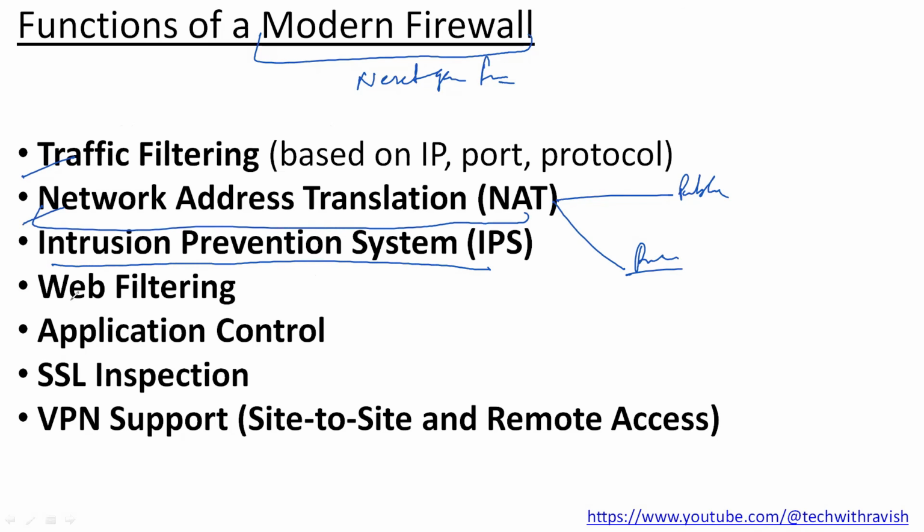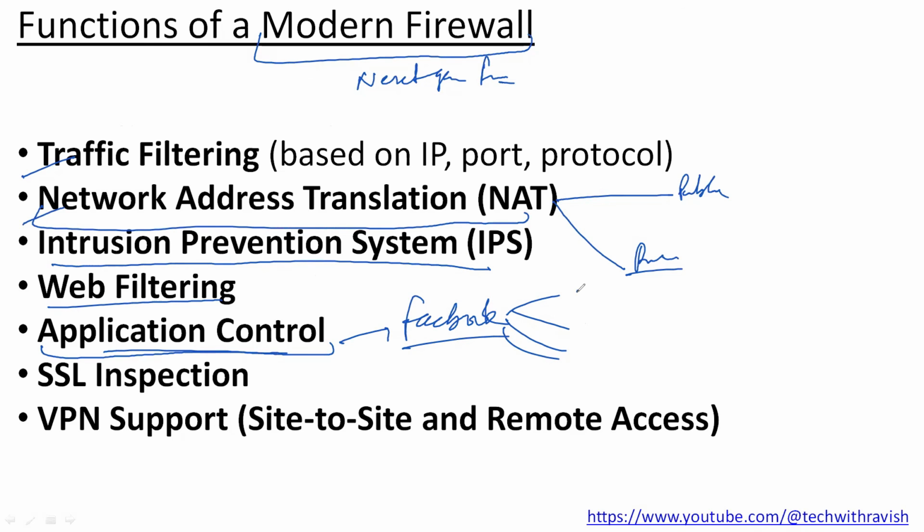I already told you previously, web filtering filters out the web traffic. Application control: like if you are using any application from the web, it can also control that application, like when you are using Facebook. Facebook has multiple features, like Facebook page, profile, chat, message, and groups, so we can deny the traffic from a particular feature, like groups cannot be opened from the web, so we can block the groups also.